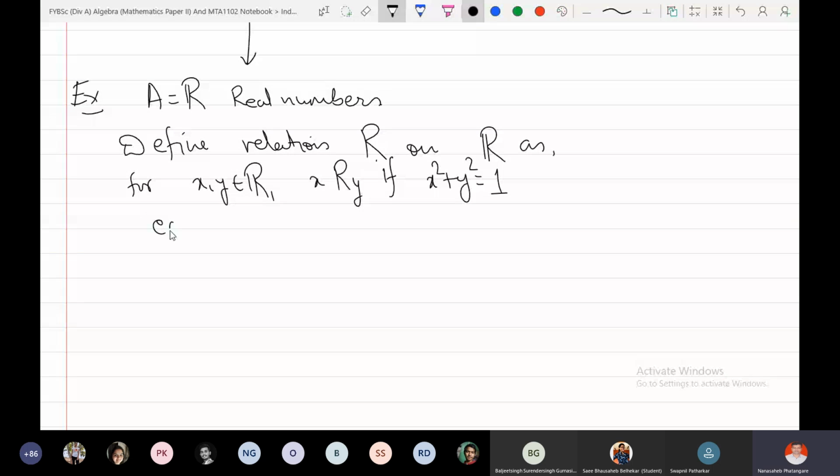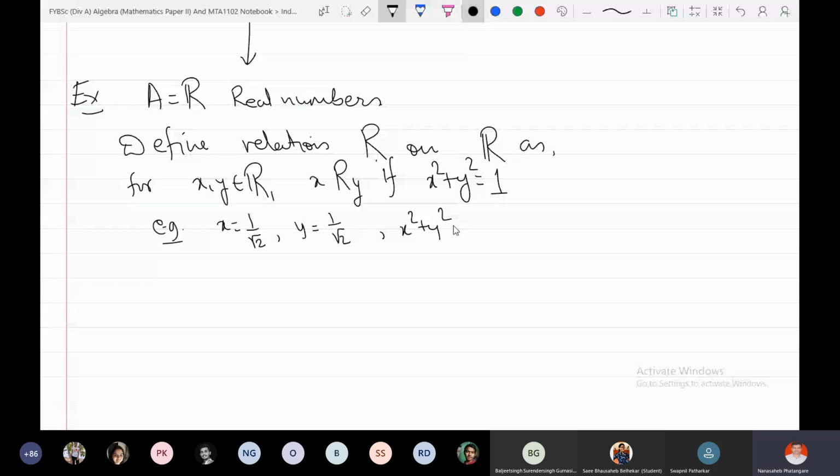For example, can you tell me at least one pair which is related with respect to this relation? I will take x is equal to 1 upon root 2 and y is 1 upon root 2. Then what is x square plus y square? 1 by 2 plus 1 by 2.